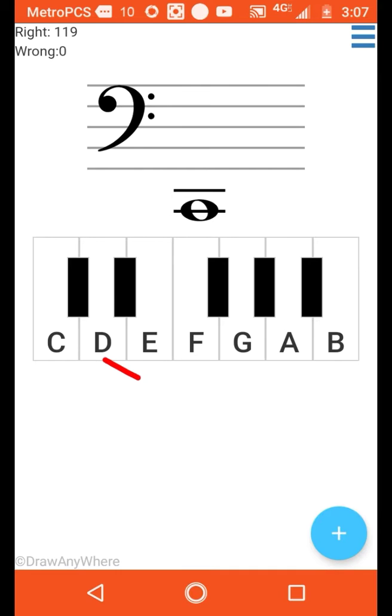That way you can tell I'm talking about this one right here, not that one. I'm trying to make it happen up here. Yeah, right there in that space there. That space is a D, okay?